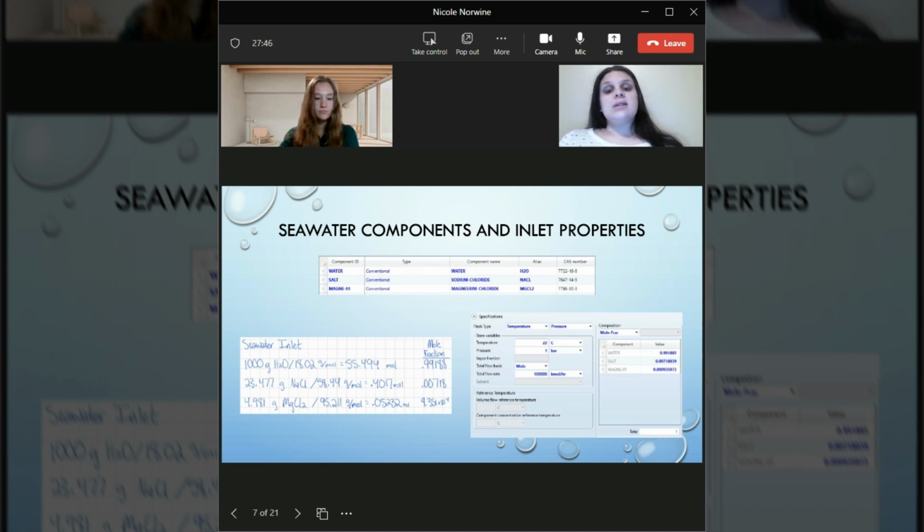And we got this data, as you can see on the left, from a couple different articles we researched. Then we divided how much is present by their molar mass to get the amount of moles. And then we designed the process to run 100,000 kilomoles per hour of the seawater into the plant.